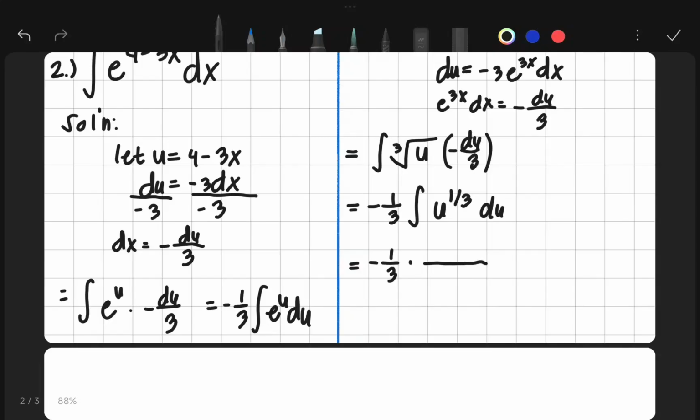This will become u raised to 1/3 plus 1 over 1/3 plus 1 plus c, which is basically equal to, since 1/3 plus 1 is 4/3, negative 1/3 times u raised to 4/3 over 4/3 plus c. Okay?